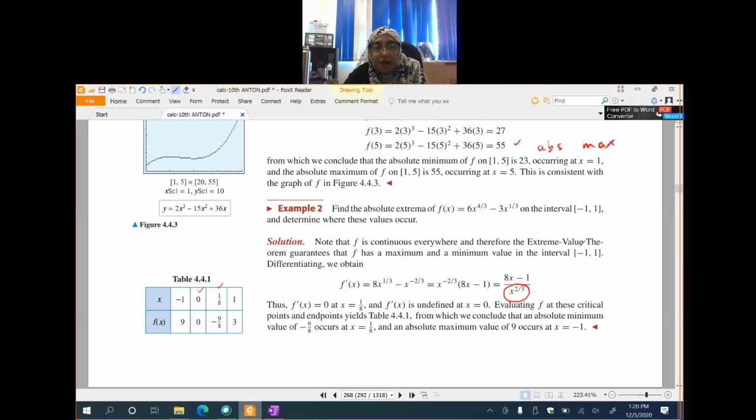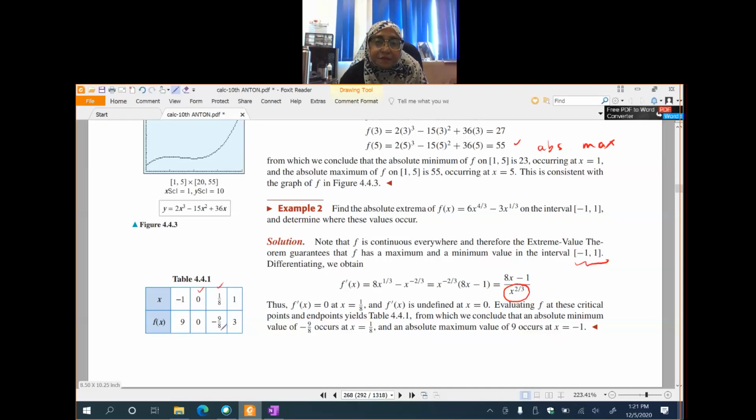And then we also consider the endpoints, because this interval involves the square bracket. So -1 and 1 are also included in this interval. For the endpoints we have -1 and 1, and then you check f of x at all these points.